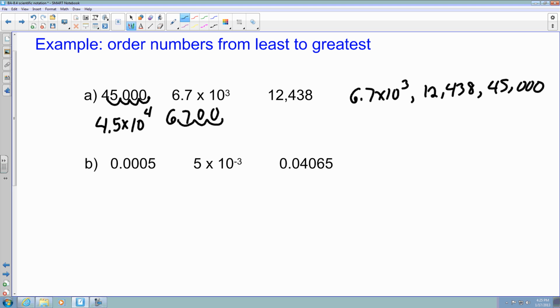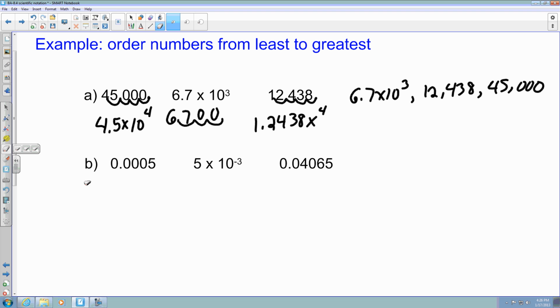And then for this one, it would be 1.2438. And then I'd go 1, 2, 3, 4. Oh, shoot. Let me erase that. It would be times 10 to the fourth power.